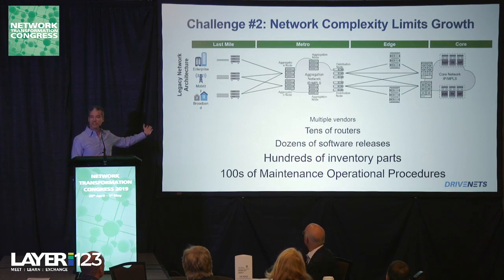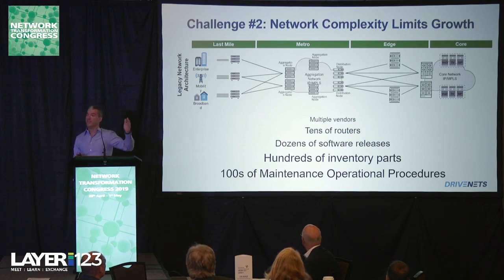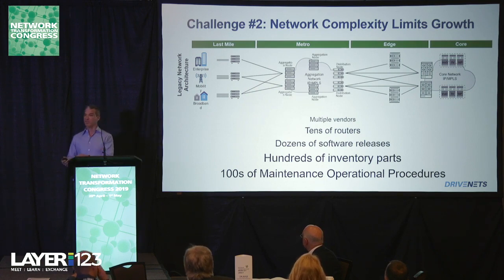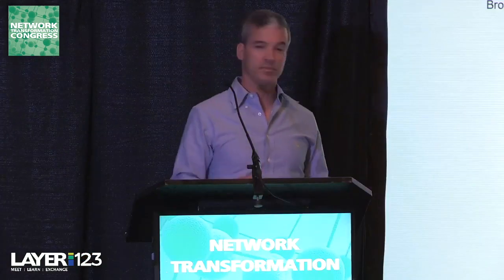How many of you haven't seen this diagram at least 50 times? Right? This is true. The network model was not changed for many years. And during these years, more layers were added, more functions. And each function came with a new system, new hardware, new vendor.